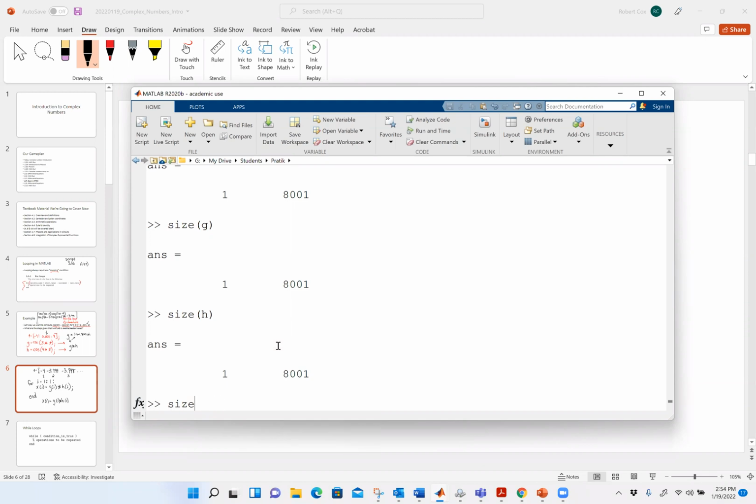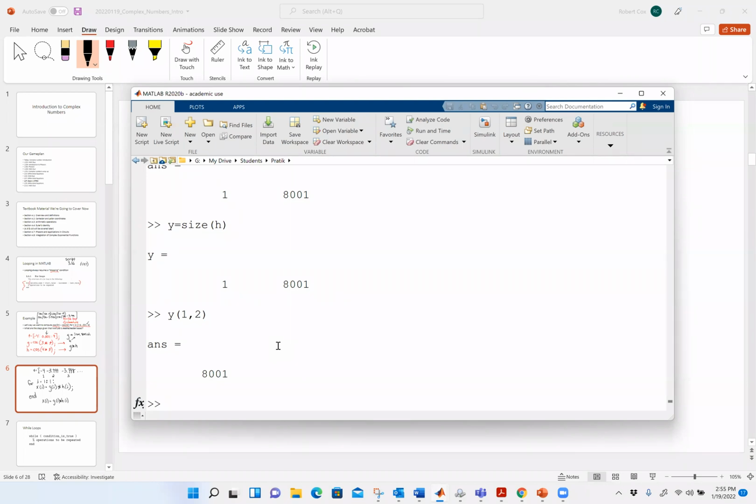So let me do this. I could define a variable y, right? And I could say, well, that number 8001 would work for me. So I want the first row, second entry of y. That works, right? That gave me a number that tells me how long that time vector is. That's one way to do it.